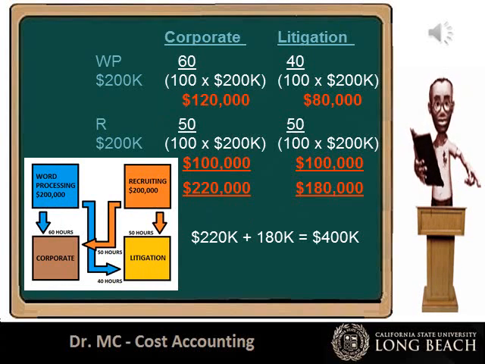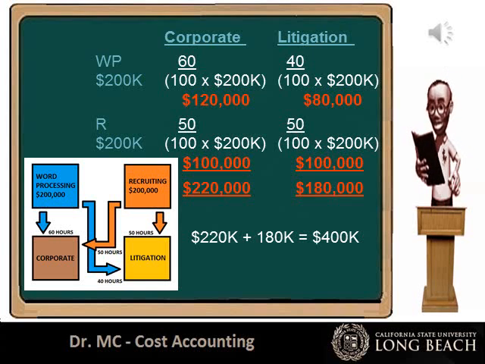It allocates its costs based on the relative driver used on each of the production departments. You calculate the relative driver by adding up the cost drivers for all of the departments receiving allocations. You then divide the cost driver for each department receiving an allocation by the total drivers for all of the departments receiving the allocations. In the case of the word processing department, the 60 hours spent on the corporate department and the 40 hours spent on the litigation department add up to 100 total hours.